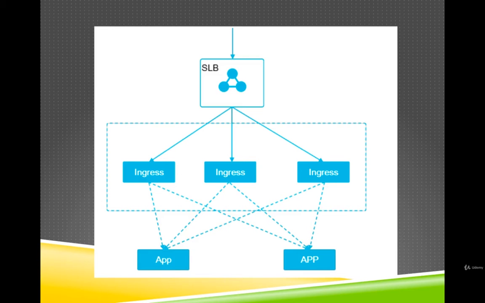As you can see on the figure, as mentioned in the preceding deployment architecture figure, multiple exclusive ingress instances form a unified access layer to carry the traffic at the cluster entrance and expand or contract the ingress nodes based on the backend business traffic.